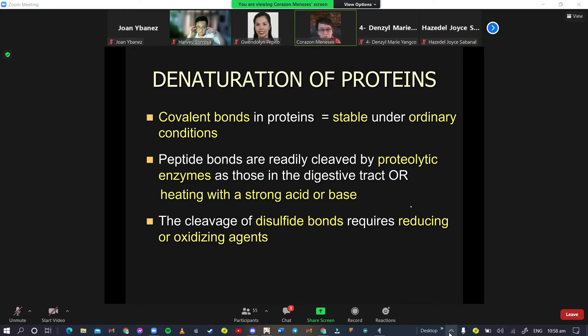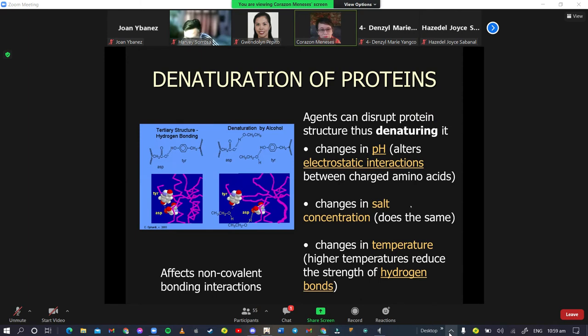With heating with strong acid and base, eventually it will also break the peptide bond. But that cannot happen in the human system. Cleavage of the disulfide bond would require a reducing or oxidizing agent. So denaturation of body protein can happen under certain conditions.